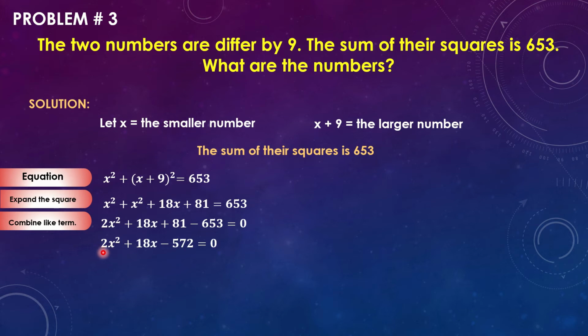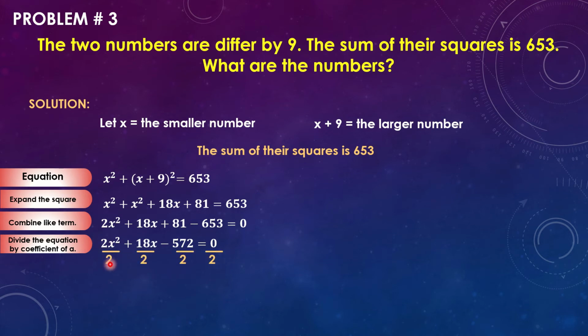If we notice, each coefficient and number here is divisible by 2. So to lessen our difficulty in finding the solution using factoring, let us make the coefficient of x squared equal to 1 by dividing the equation by the coefficient of a.